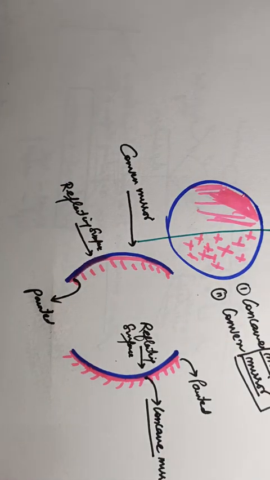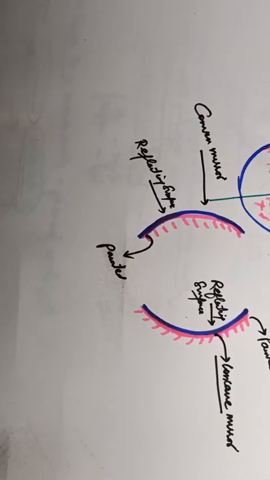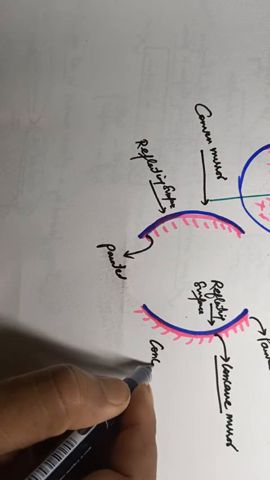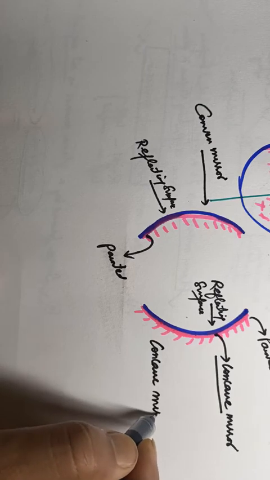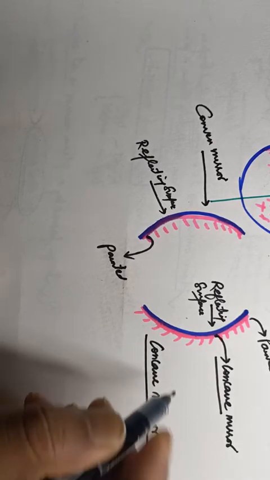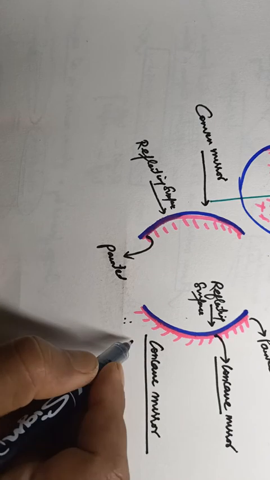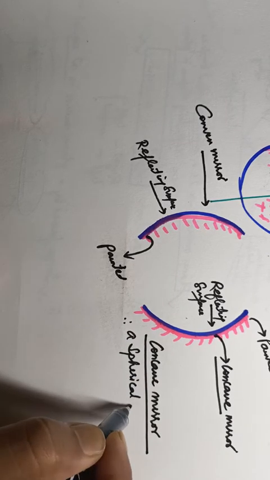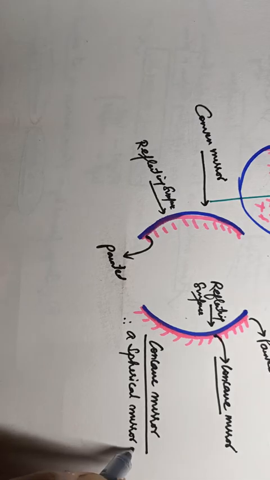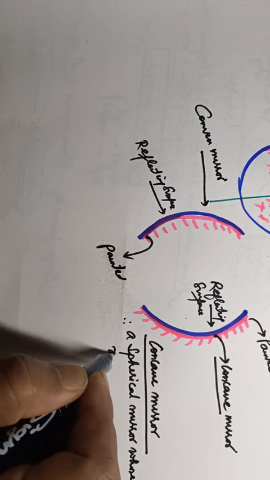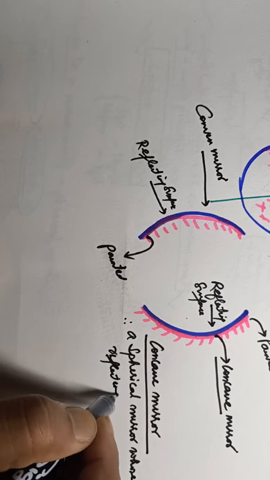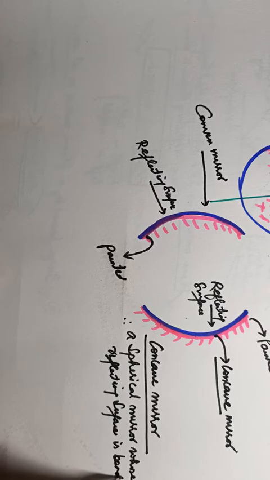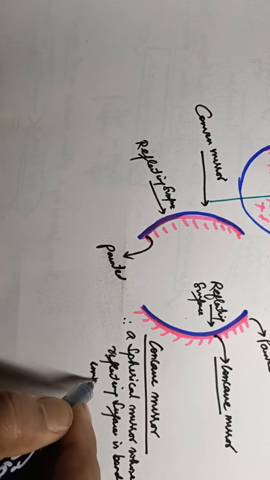So now the question is, what is a concave mirror, right? What is a concave mirror? So the simplest definition will be a spherical mirror whose reflecting surface is bending inwards.